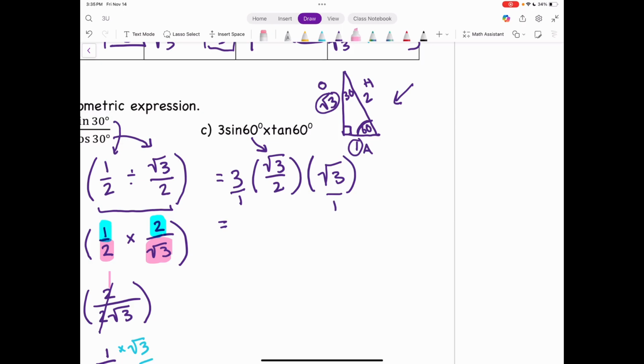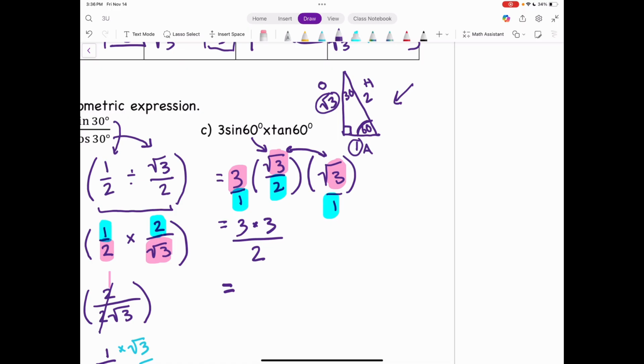We're going to multiply all of our numerators and all of our denominators. Okay, so 3 times the square root of 3 times the square root of 3. Well, we can leave this as 3 for now. We know that the square root of 3 times the square root of 3 just gives us 3, right? And in the denominator, we have 1 times 2 times 1, which of course is just 2.